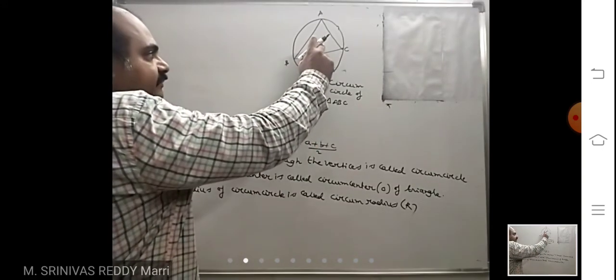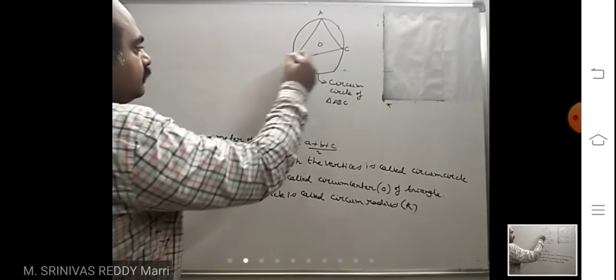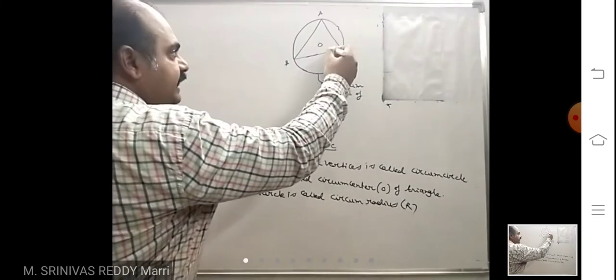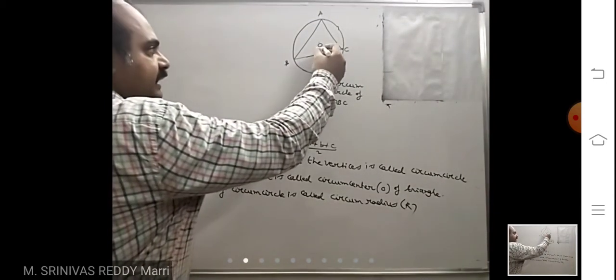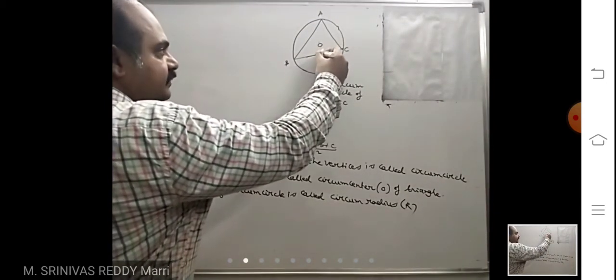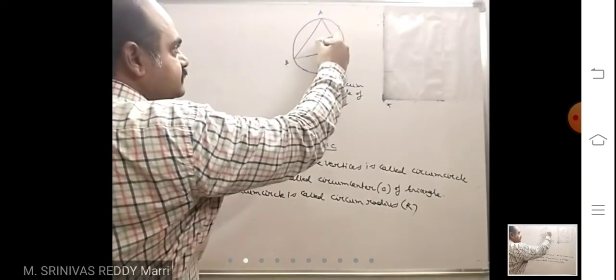This circumcenter, what it actually is: I am drawing the perpendicular bisector of BC. Look, I am drawing the perpendicular bisector of BC like this.